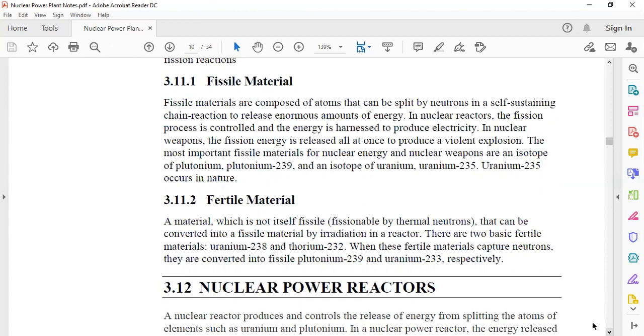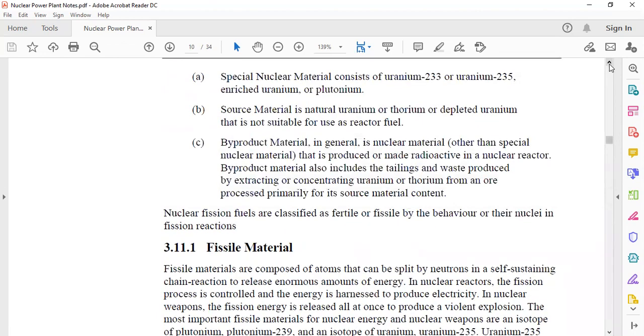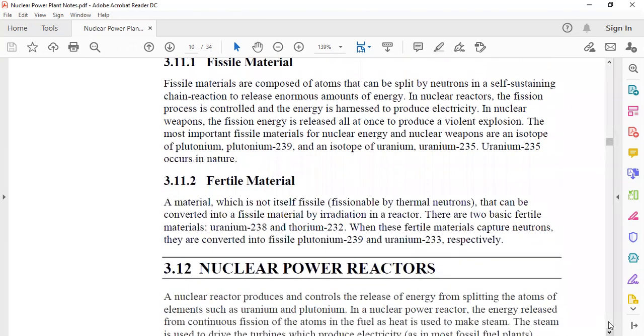This is the detail about nuclear material and its types. So in most of the nuclear reactors or nuclear power plants, uranium, thorium and plutonium, these nuclear materials are used, which are enriched by some systematic process.